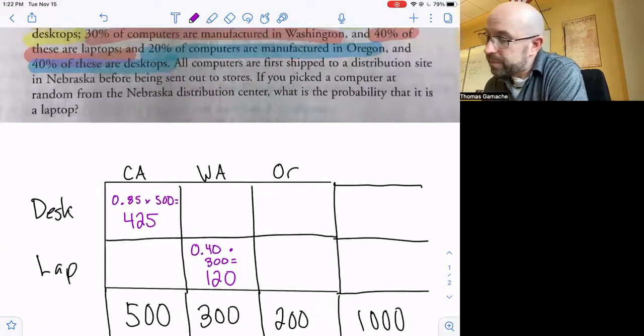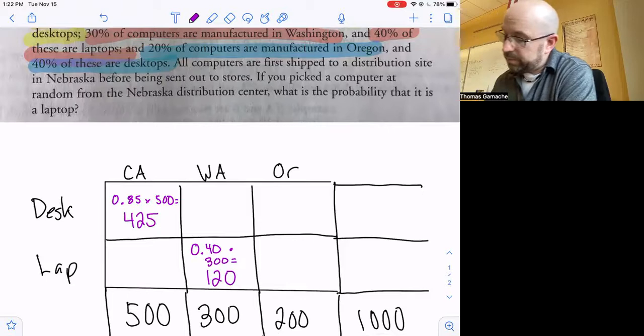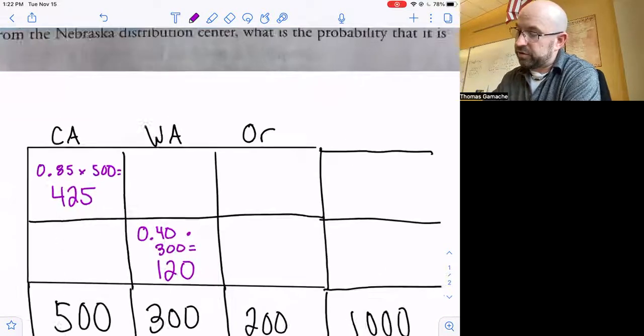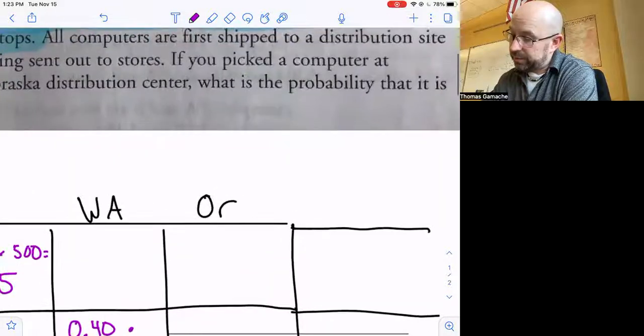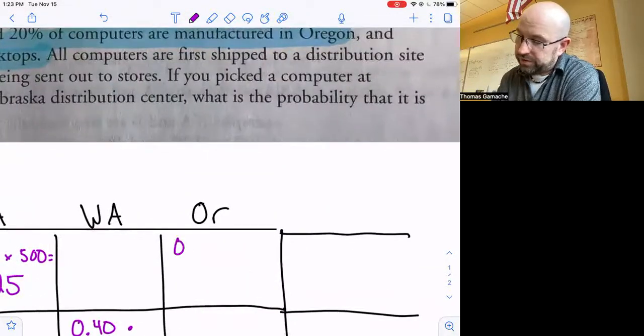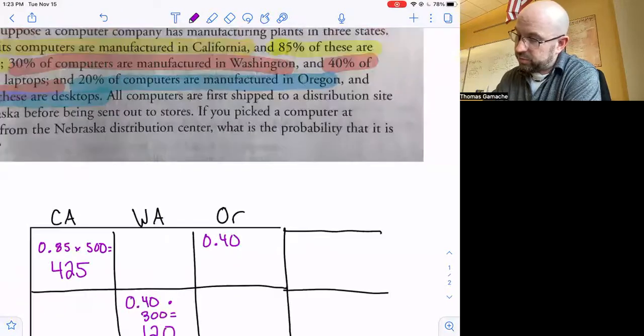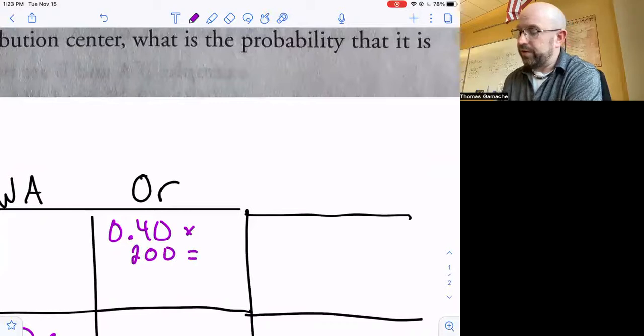And then in Oregon, I know that 40% of the Oregon computers are desktops. I'm going to go back up to my desktops. I'm going to go with that 40% again. 0.40 times 200 should give me 80.